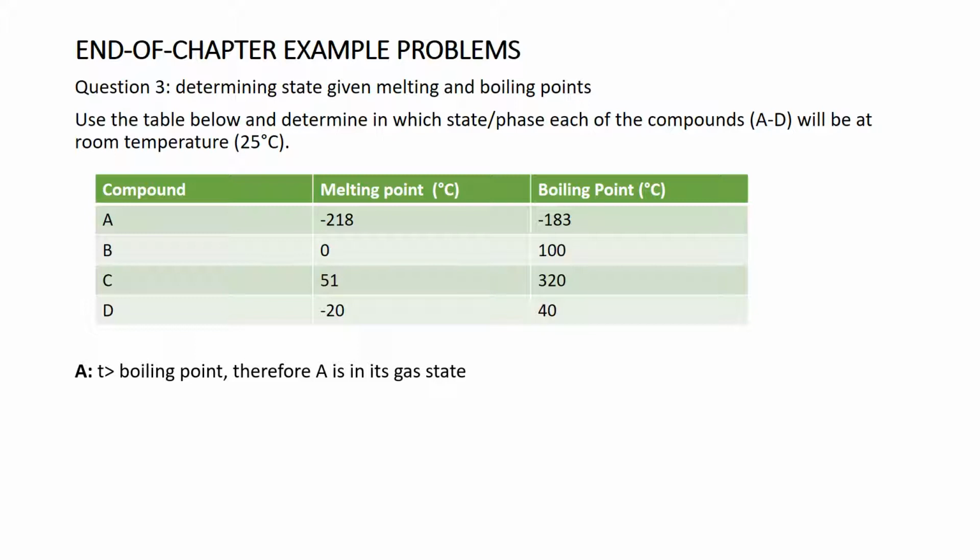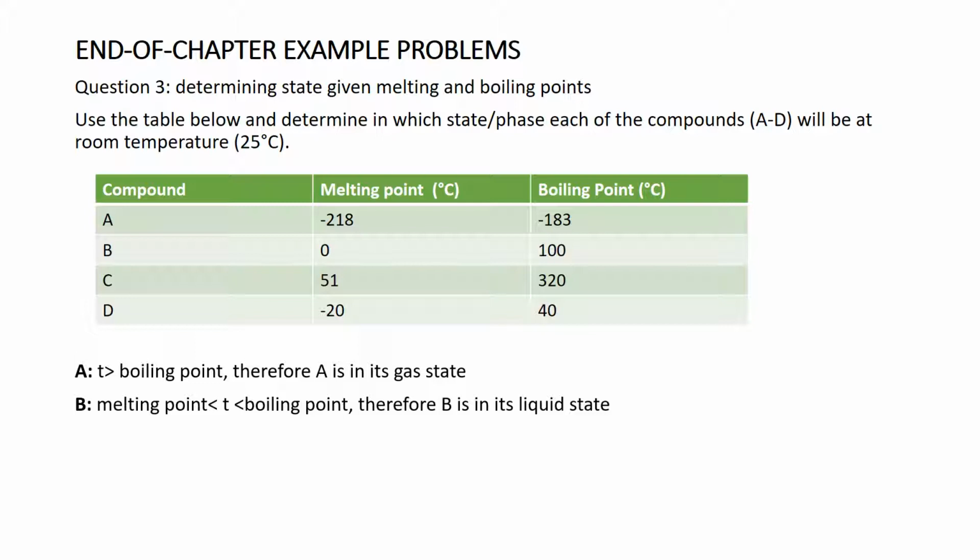And then B has a melting point of 0 and a boiling point of 100. 25 degrees Celsius is between these two temperatures. So 25 degrees is greater than the melting point but lesser than the boiling point, which means that B is in its liquid state. And then C has a melting point of 51 and a boiling point of 320 degrees Celsius.